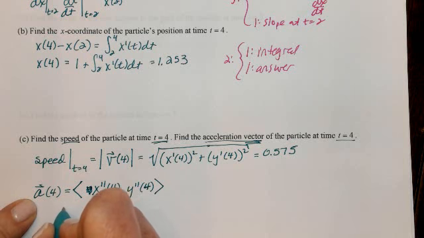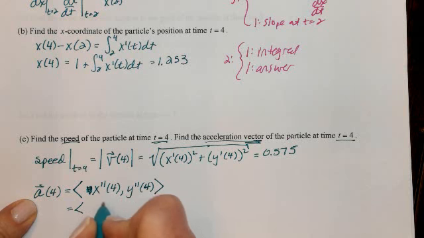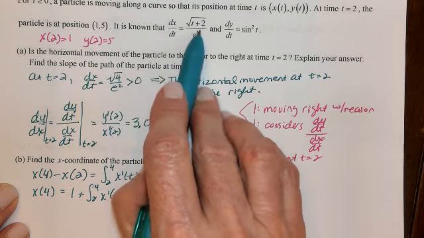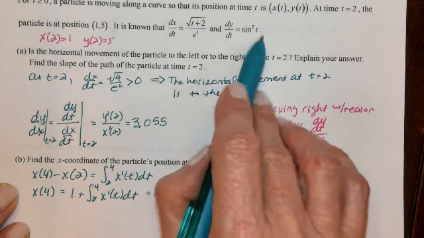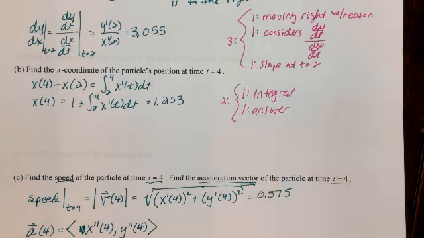So that means it's the derivative of x prime at time 4 and then the derivative of y prime at time 4.